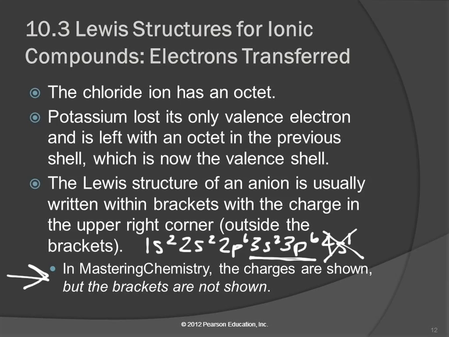It can't do the brackets. So please, do not text me and ask me how to put brackets on your Lewis structures, because I will tell you, you can't. If you look at the instructions, it does mention that there are no brackets. So you put the charge. When you're drawing it with your hand and a pencil, put the brackets.